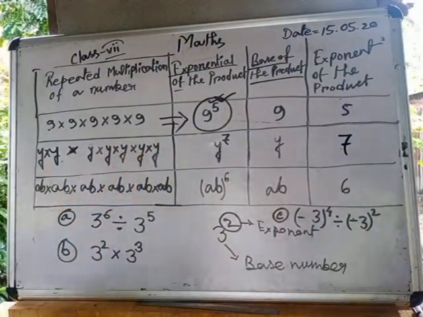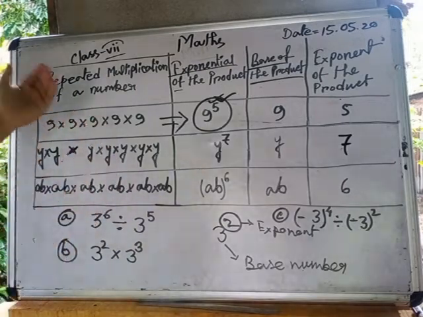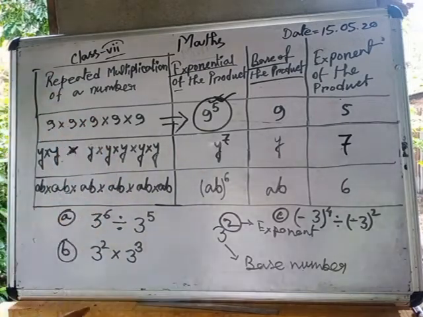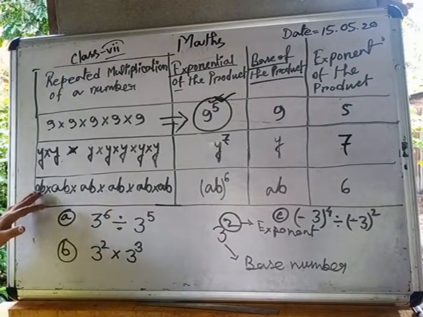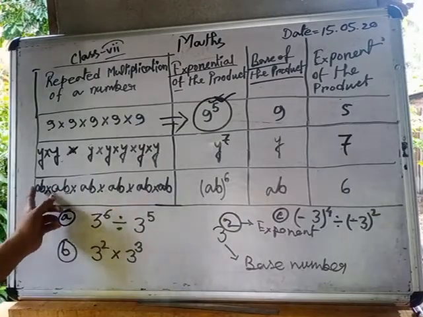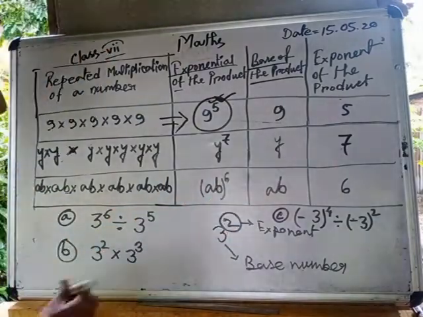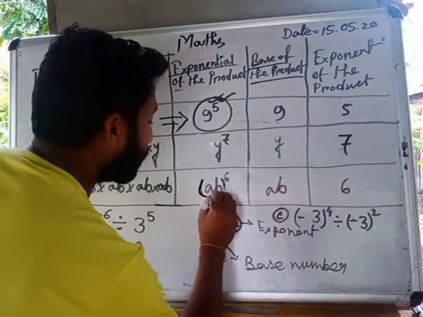This is the case if the number is y or 9 or x and so on. Suppose it is AB multiplied repeatedly. How many times AB? 1, 2, 3, 4, 5, 6. So we write 6, but you must use the bracket.